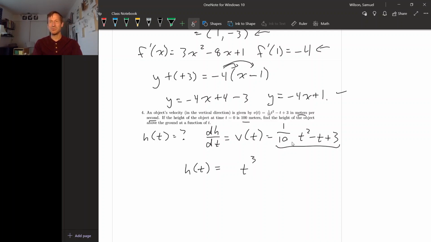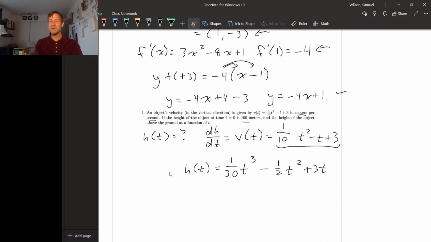But if we take a derivative of t cubed, this 3 would come down, but we're supposed to end up with 1/10, so we'd better have 1/30 here. So now if you took a derivative, this 3 would come down and make this 1/30, 1/10 t squared. So that first part is done. And then minus 1/2 t squared plus 3t.